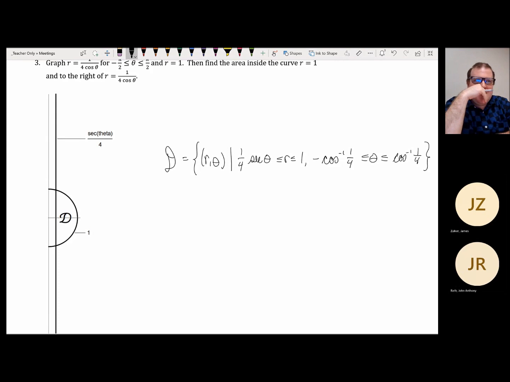Perfect. I'm going to make a substitution because I don't feel like writing inverse cosine of a quarter. So I'm just going to replace it with psi.